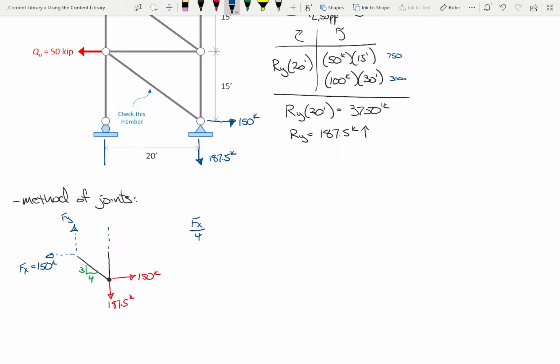Fx is to 4 as Fy is to 3. So Fy is 3/4 of Fx. So it's just 3/4 of this. What's 3/4 of that? 112.5.